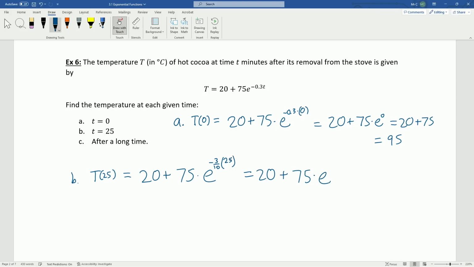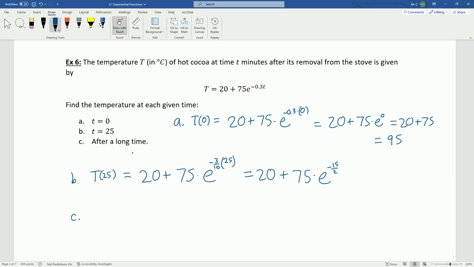So we get -75/10, and -75/10 simplifies to -15/2. Now, if you needed a decimal, you could plug this into a calculator and get a decimal answer for it. I'm going to go ahead and leave it as is.